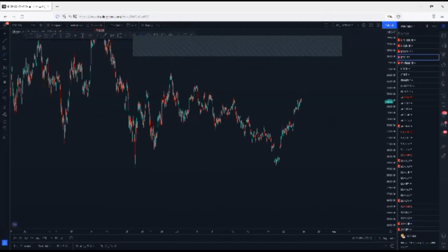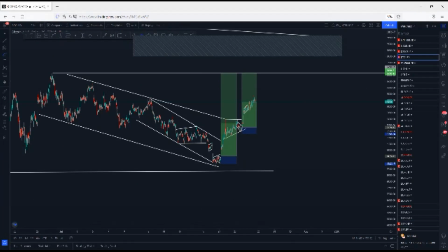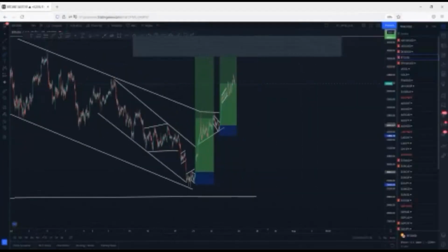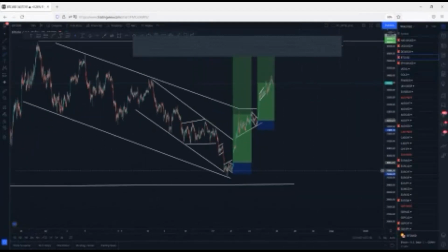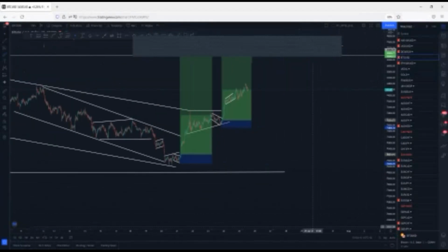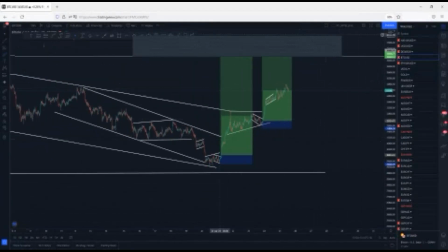I'm on the group. Okay, so for sure you saw it. However, it's a continuation pattern. It's this one. It's the same thing as a continuation pattern. Oh, okay. I thought it was something different from that.